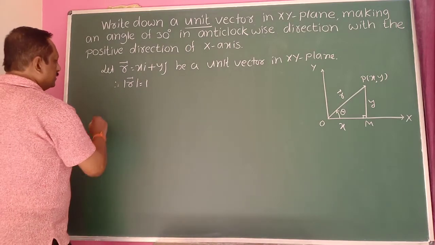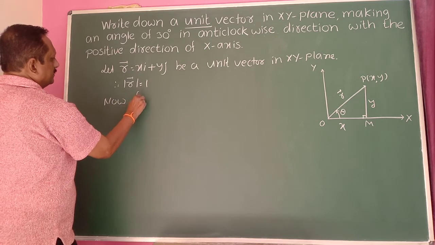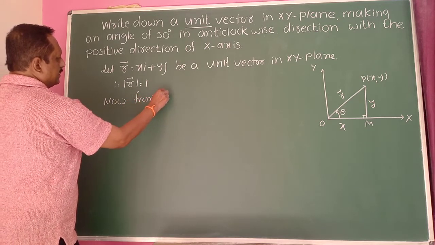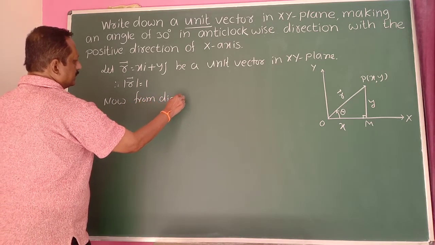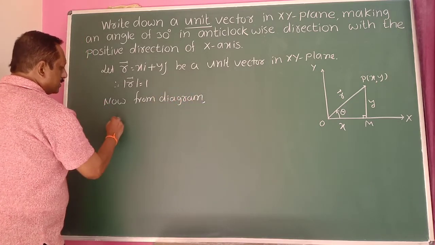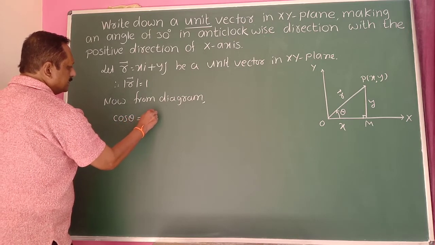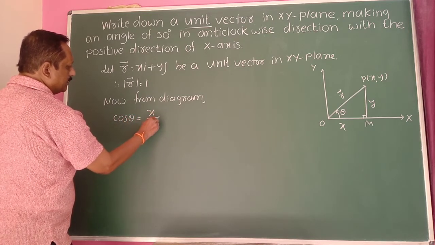So now, from the diagram, we have cos theta is equal to x divided by modulus of r.